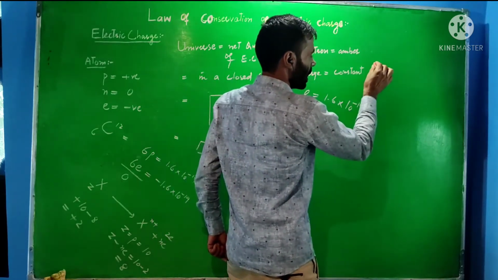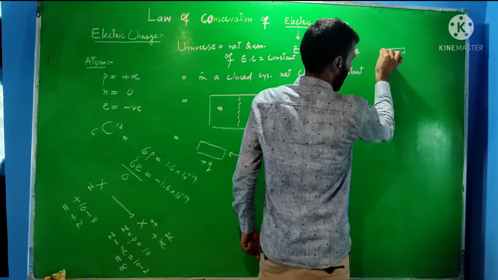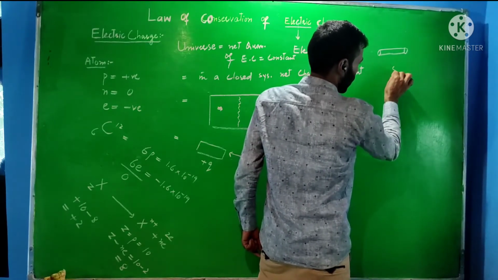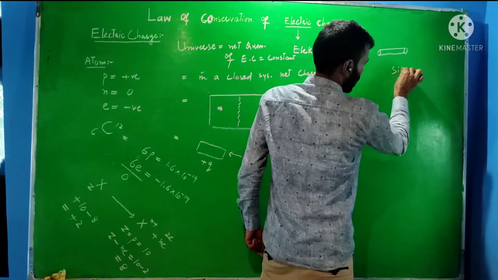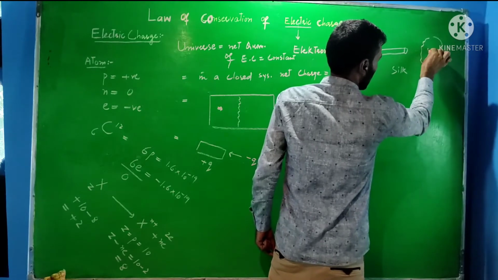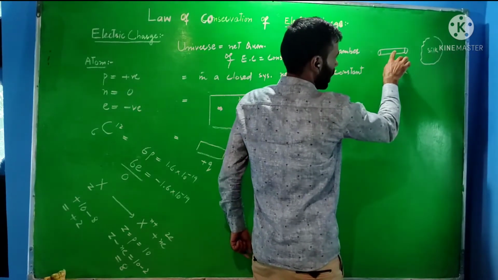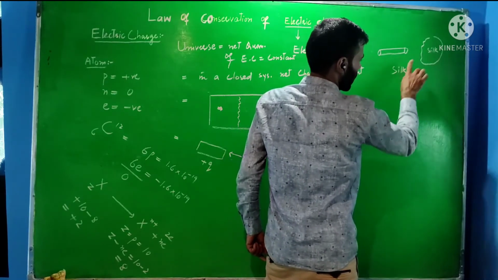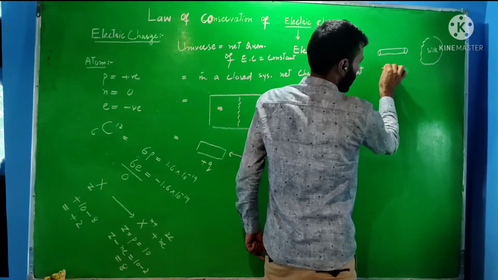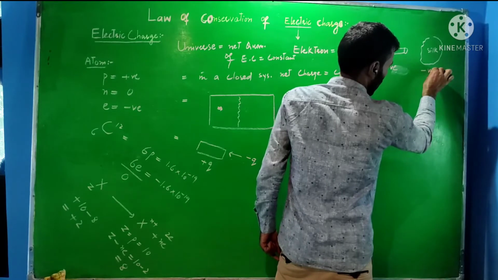For example, if we have a glass rod and a piece of silicon, and these two are rubbed, both get electrified. The glass rod becomes positively charged and the silicon becomes negatively charged.